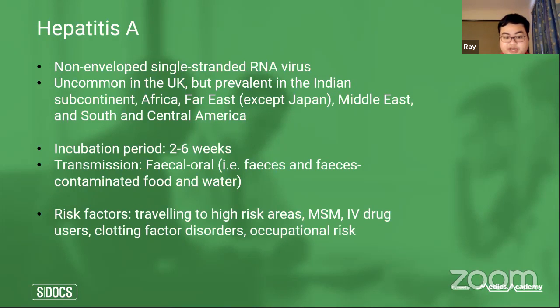In terms of risk factors, obviously traveling to high-risk areas, as well as being a man who has sex with other males, IV drug users, clotting factor disorders, and occupational risk. Occupational risk being sewage workers who might be coming into contact with contaminated water and feces.